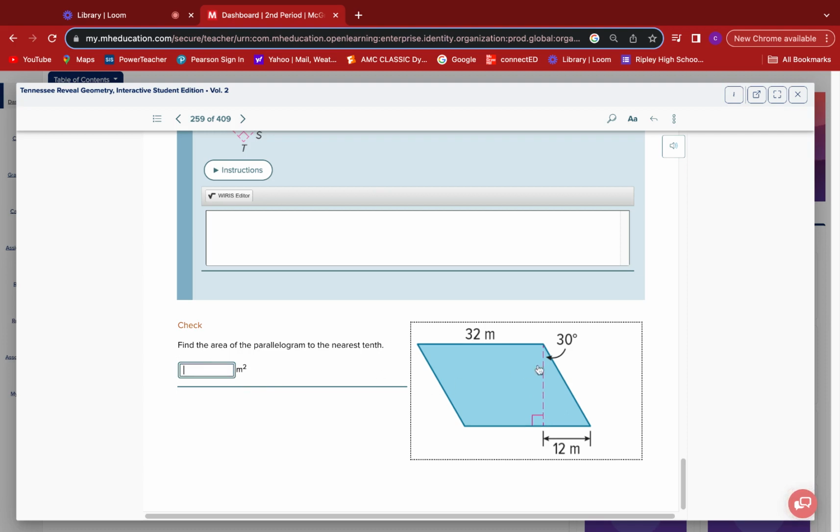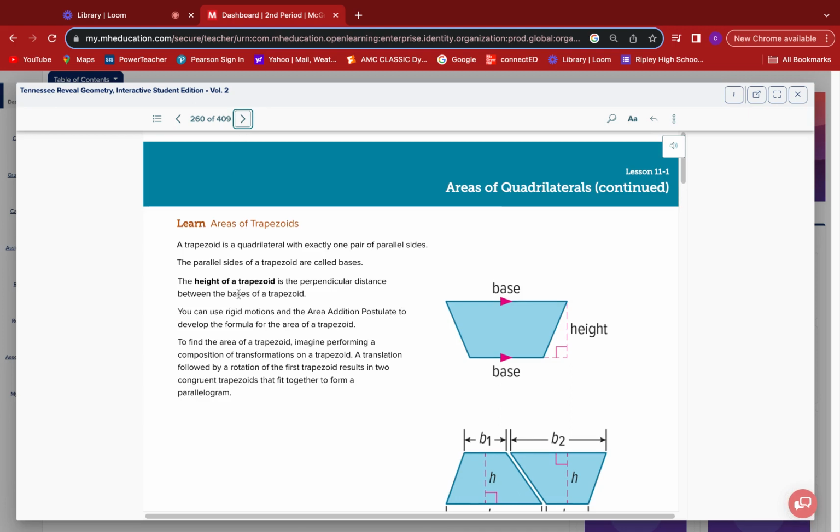So everybody grab your calculator, base 32 times the height, 12 square root of 3, and that is going to get you, to the nearest tenth, 665.1 square meters, everybody. And that is the check in the middle of page 630 of your workbook. All right.